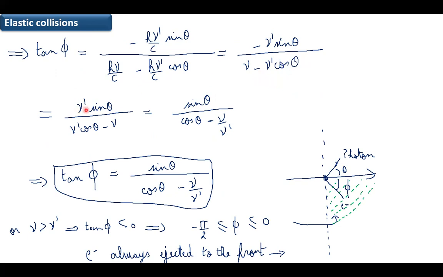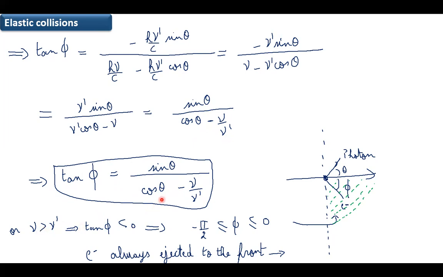You can multiply by a minus, and divide by nu prime. Okay, so tangent phi is equal to sine theta over (cosine theta minus nu over nu prime).